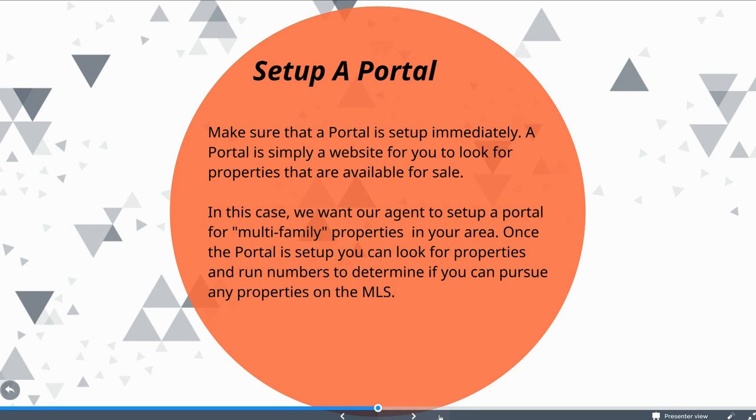Normally, when I set up a portal, I would just say, "Hey, Mr. or Mrs. Agent, I want to see every single multifamily property in this area." I have no filters, just because in the event that another agent listing a property on the MLS makes a typo or something, I don't care. I just want to see everything that's on the market. So that's just kind of how I would do it.